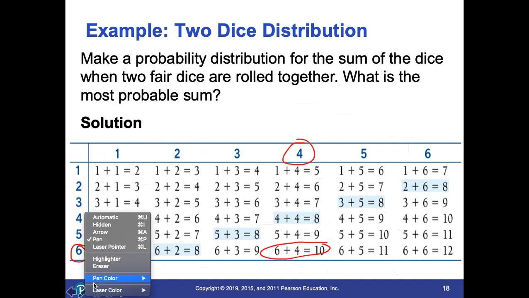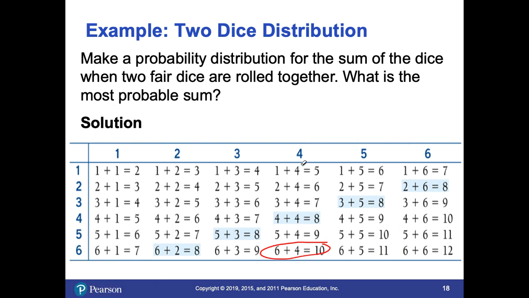And one final one, just to make sure you understand this table here. Let's say we roll a 2 and a 5. 2 plus 5 is 7. So that's another possible outcome, you rolling a 7.